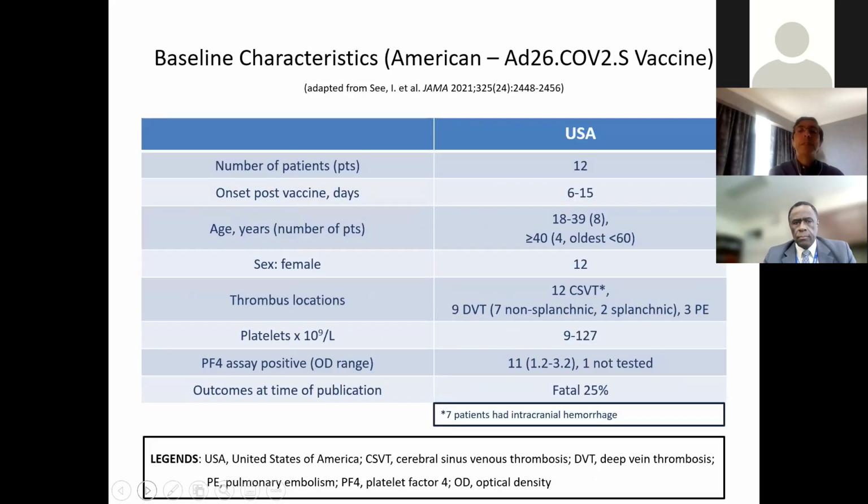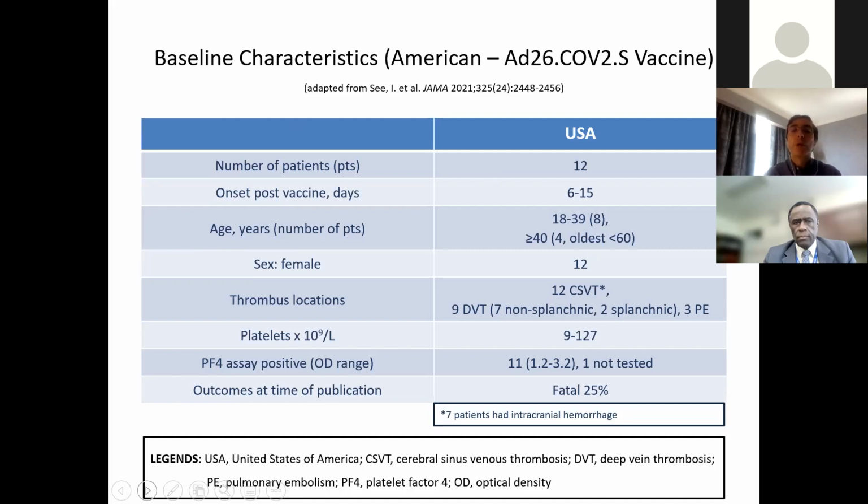Here we see a summary of the initial American cases, now focusing on the Johnson & Johnson/Janssen vaccination. And we have similar characteristics in that the presentation would have occurred between 6 and 15 days.